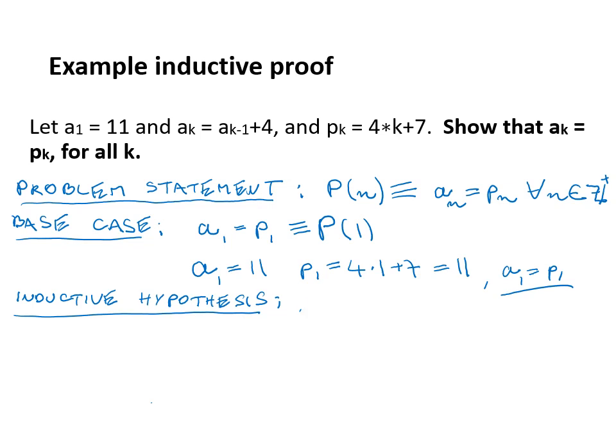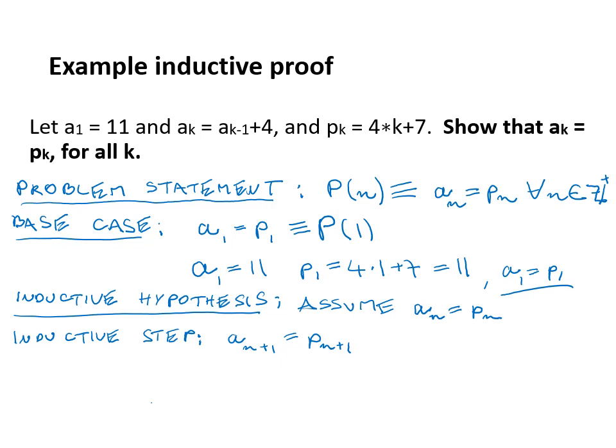We assume that A of n is equal to P of n. And finally, we do our inductive step, where we want to show that A of n plus 1 is equal to P of n plus 1.